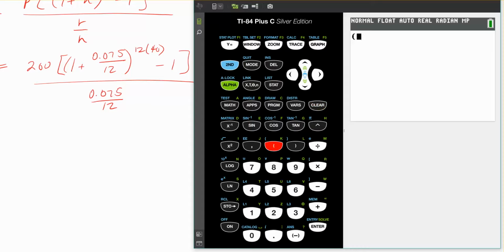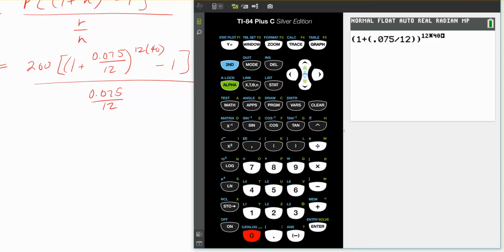So I can say 1 plus the fraction 0.075 divided by 12, close the parentheses for the fraction, close the parentheses for the 1 plus the fraction, and I'm going to raise that to 12 times 40.